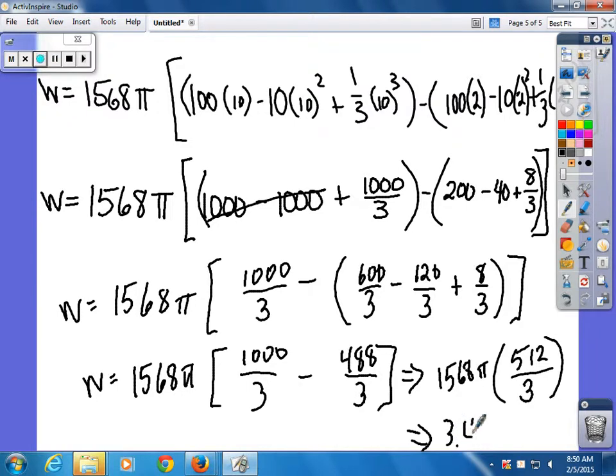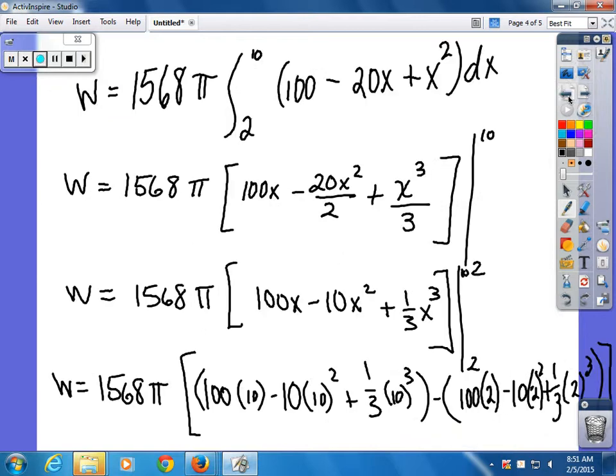1568, divide by 3. Is that what you got? No. Okay, I know what it was. Hold on a second. Go back to one. I want to see that: 100x minus 20x squared.